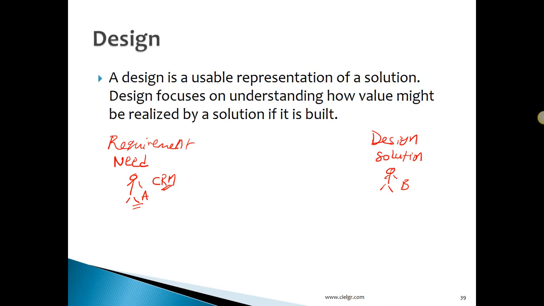So this is the headache that Mr. A has been having. So Mr. A meets with Mr. B and explains all of these things to Mr. B. And Mr. B says, okay, the solution could be coming up with a CRM software.